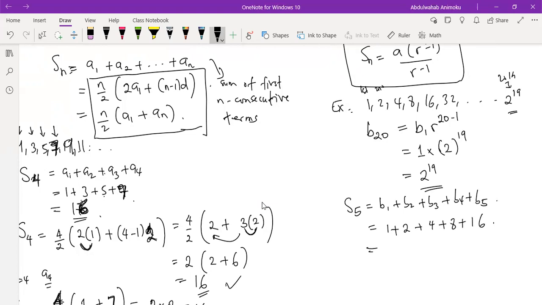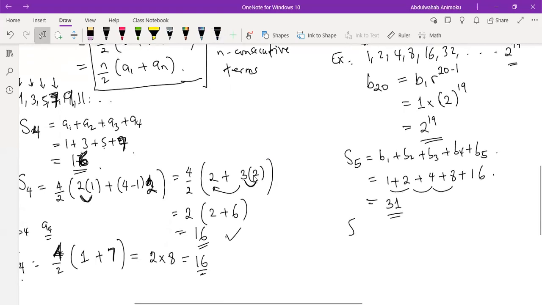So you can literally add all of this together to get your S5, which is 3 plus 4, that's 7, 7 plus 8, 15, 15 plus 16, that is 31, okay? Right, that's 31.